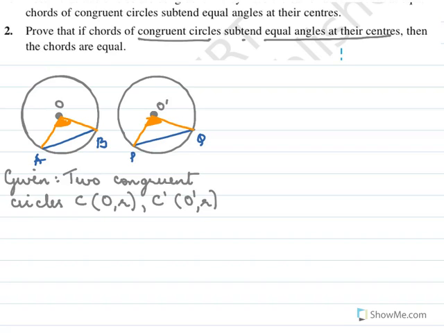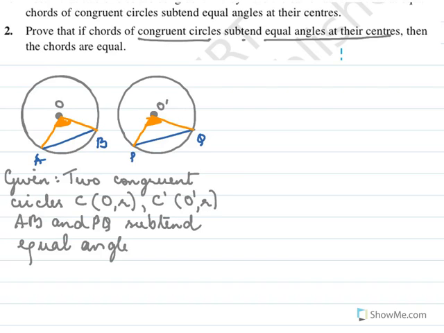So we have to write here AB and PQ subtend equal angles at their respective centers, which means angle AOB is equal to angle POQ.